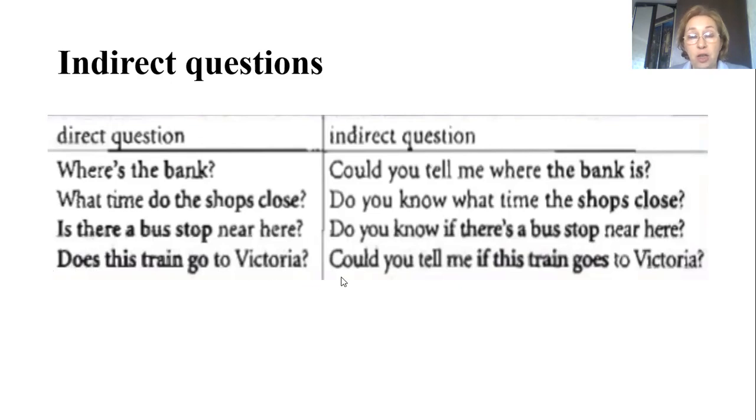And when we change this question into an indirect question, we do not use does. We just omit does. And it sounds like, could you tell me? And as this is a general question, we also add if. Could you tell me if this train goes to Victoria?